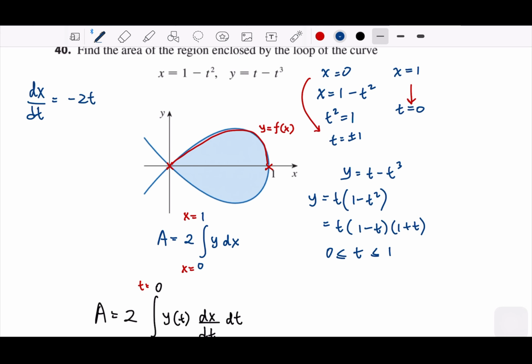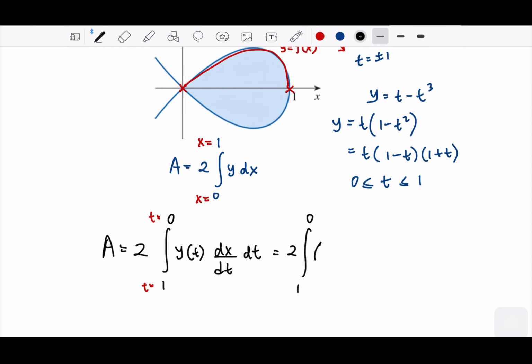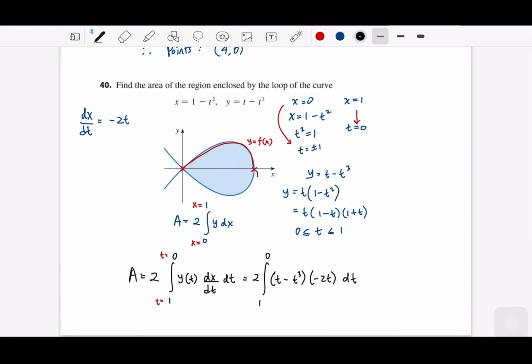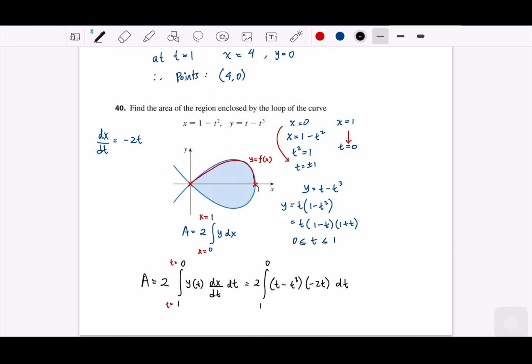minus 2t. So we can write y is t minus t cubed, and then multiply with negative 2t, and then dt. Maybe I need to write a little bit left.